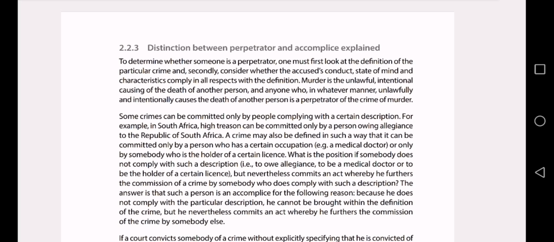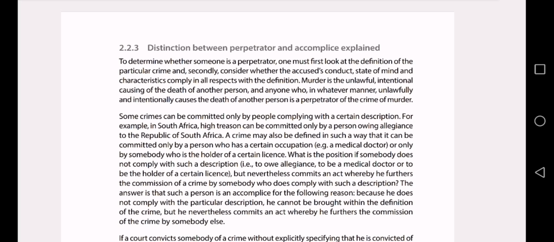Some crimes can be committed only by people complying with a certain description. For example, in South Africa, high treason can be committed only by a person owing allegiance to the Republic of South Africa.